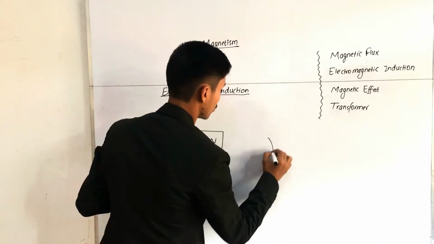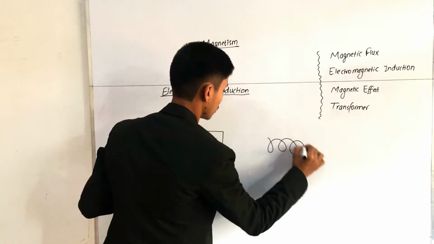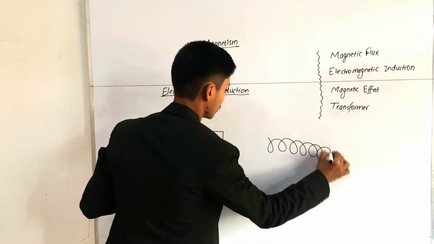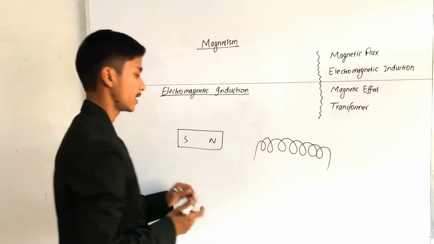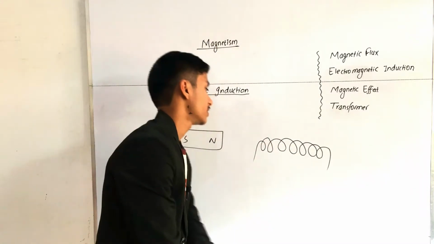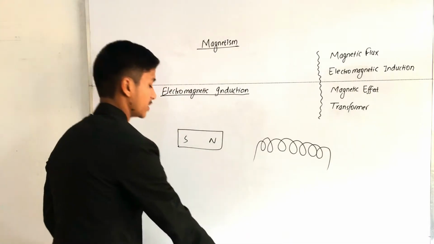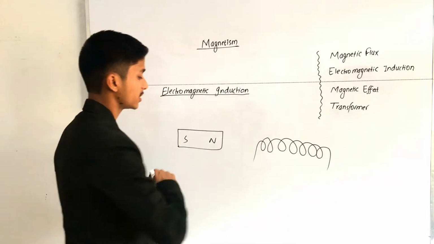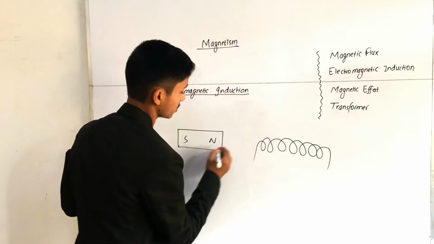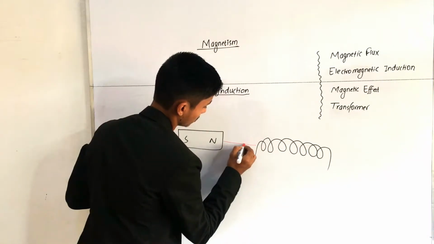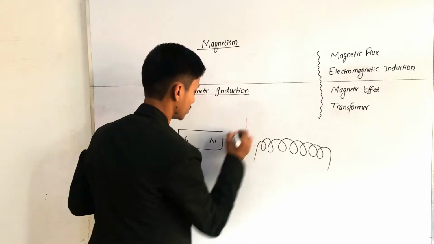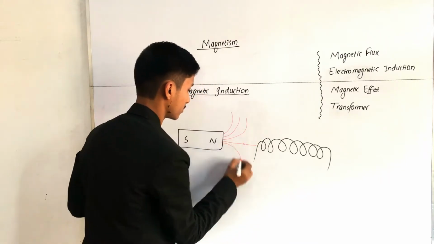Suppose this is a coil, and this is a strong bar magnet. Then suppose there is a line of force. It goes like this.